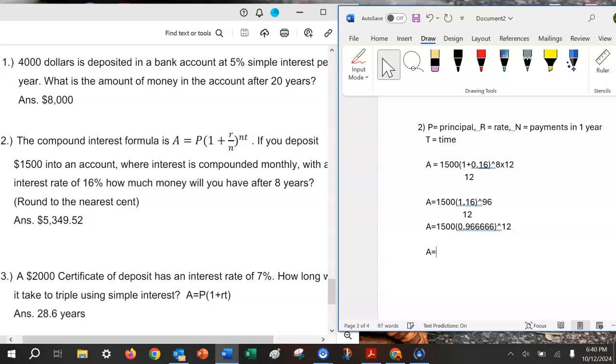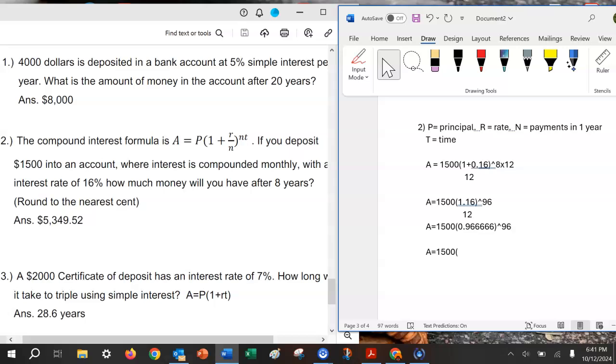Okay, now we do 1500. Now we've got that thing in our calculator. You've got to do that 0.9666 forever to the, and for some reason I put 12 here, sorry, that's the 96 power, to the 96 power.